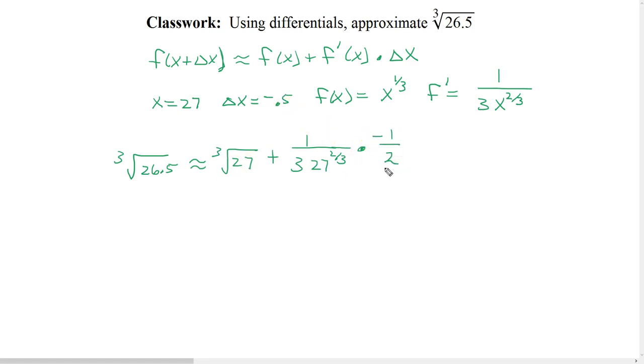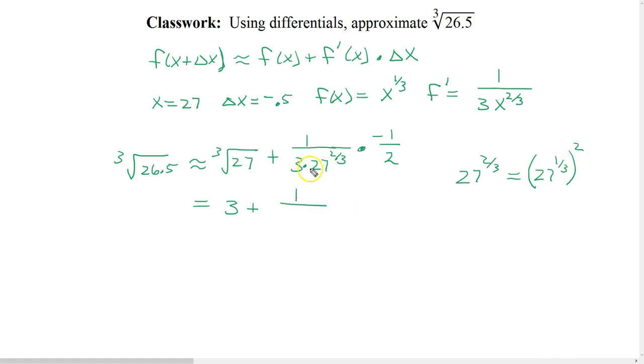And now let's see if we can evaluate everything here. Well, yeah, this is going to be pretty easy. The cube root of 27 is 3. Now, what is 27 to the 2/3? Well, you have to think of that as 27 to the 1/3 power squared. So that's going to be 3 squared, or 9.